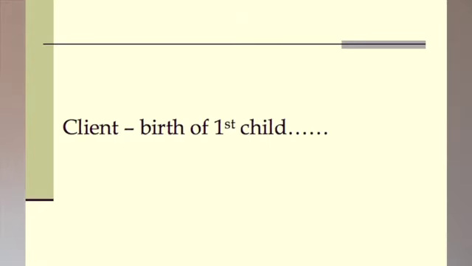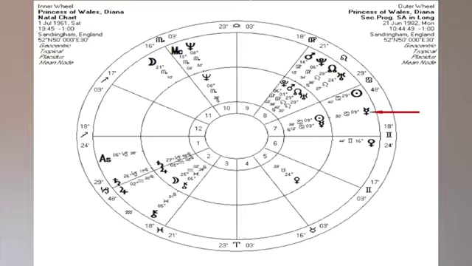Still staying with secondary progressions, and still with Princess Diana's chart, here on slide 24 we're looking at the birth of her first child, who was Prince William, I think. And here you can see the arrow.